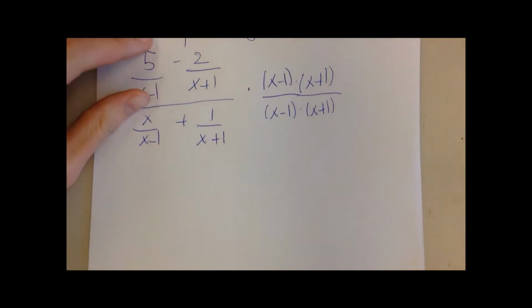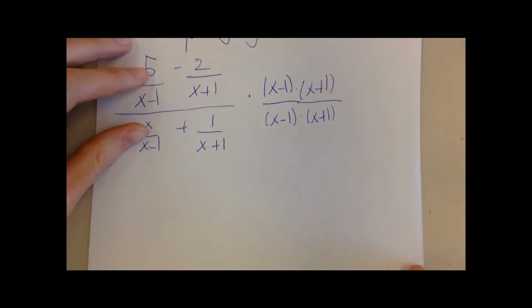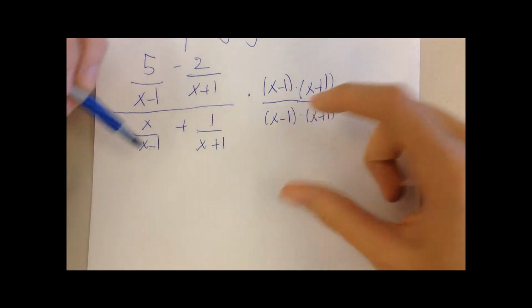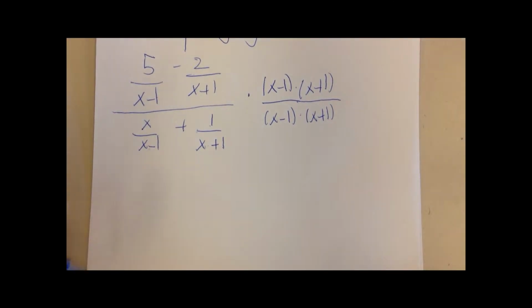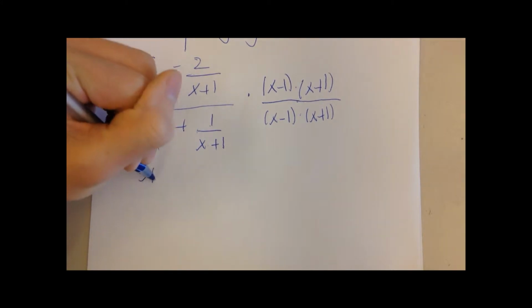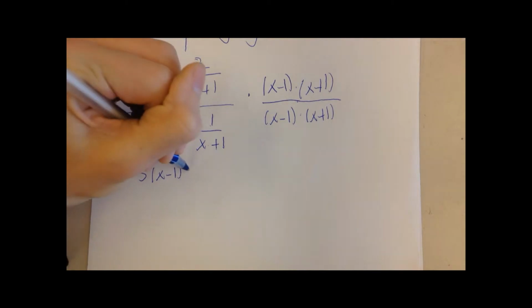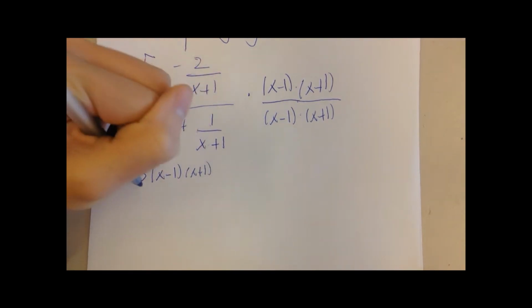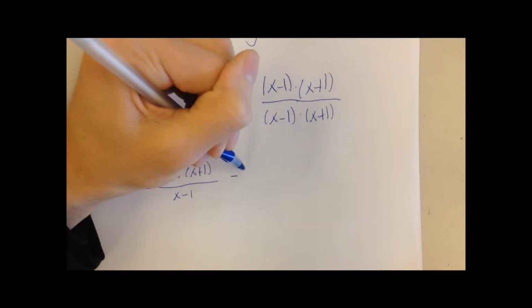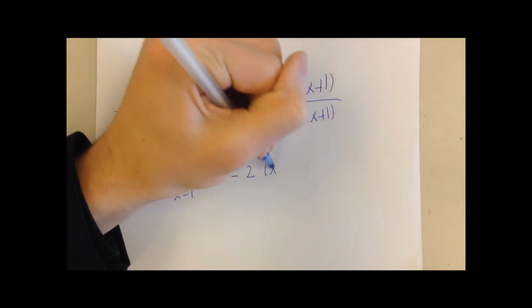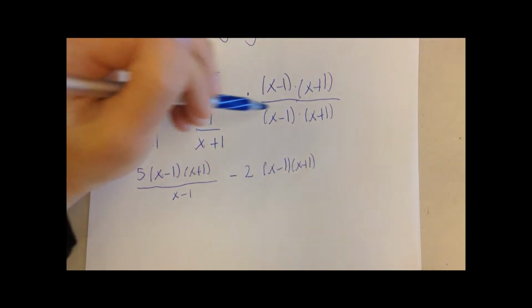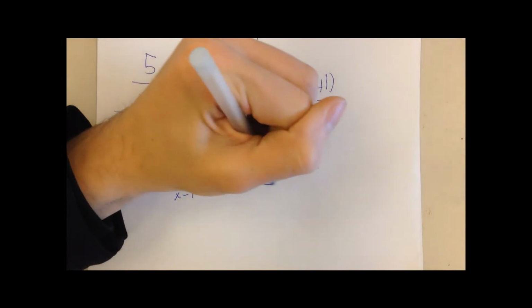So now, this is just a multiplication problem. We're going to multiply the top piece by the top piece and the bottom piece by the bottom piece. Starting with our first term, 5 over x minus 1, that's just going to turn into 5 times (x minus 1)(x plus 1) over x minus 1, minus 2 times (x minus 1)(x plus 1) over x plus 1.